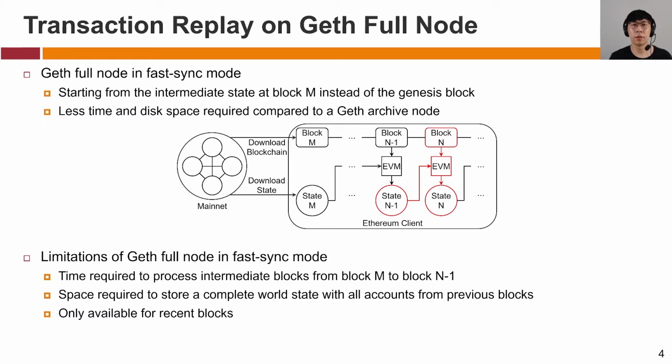However, the Geth full node still requires some time to process intermediate blocks from block M to block n-1, and space to store a complete world state with all accounts from the previous blocks. In the worst case, if block N is far behind the tip of the chain, then no peer will be available to provide an intermediate state for fast syncing.